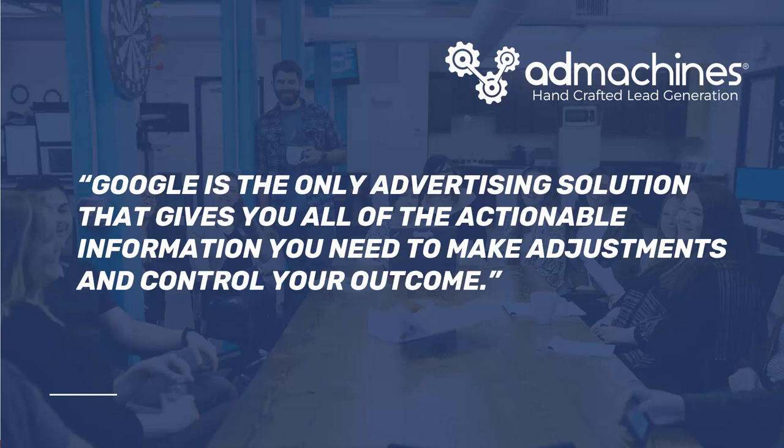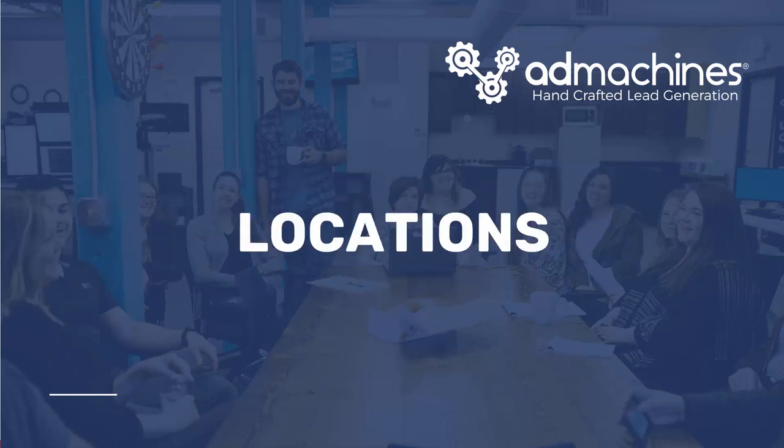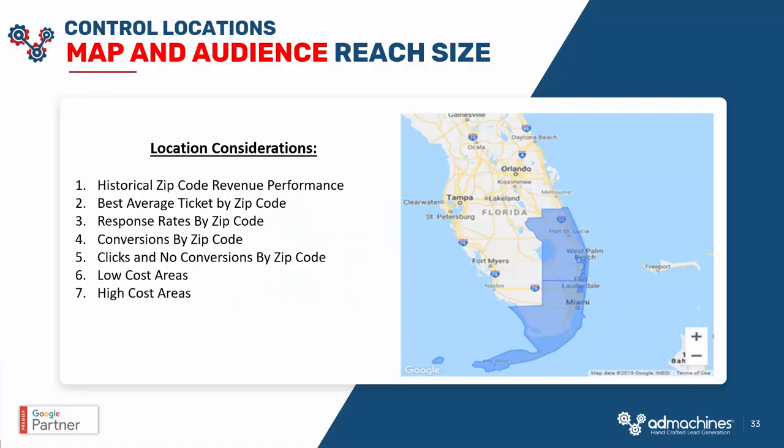I'm going to share with you a few reports that really help us as managers to help our clients get really good success. So what's the first thing I can control? My locations in which I run my ads and make investment. So I'm going to give you some location considerations.